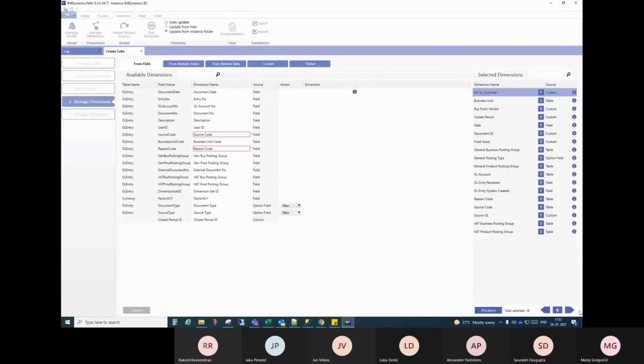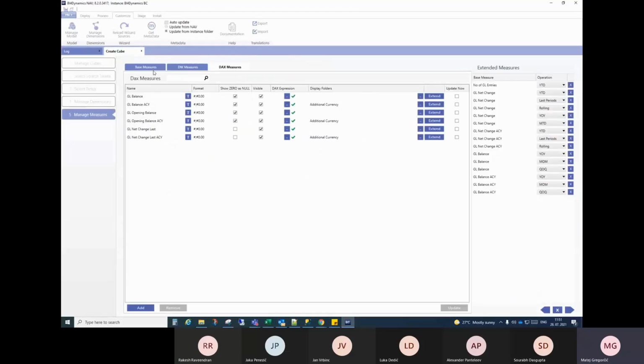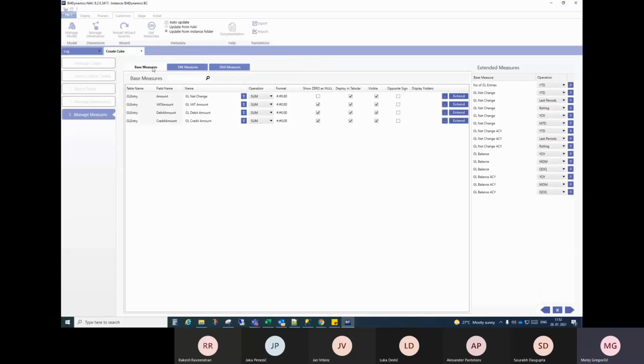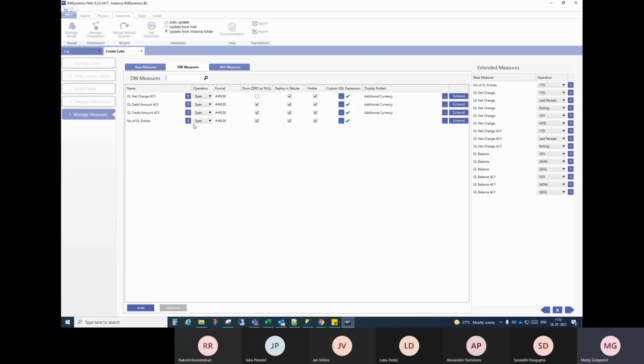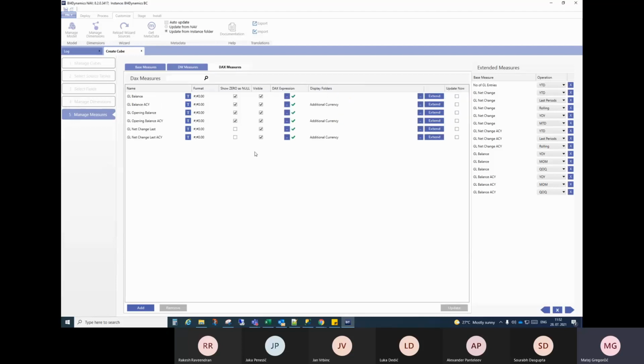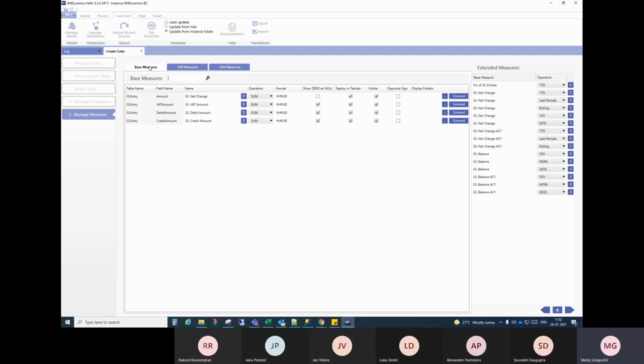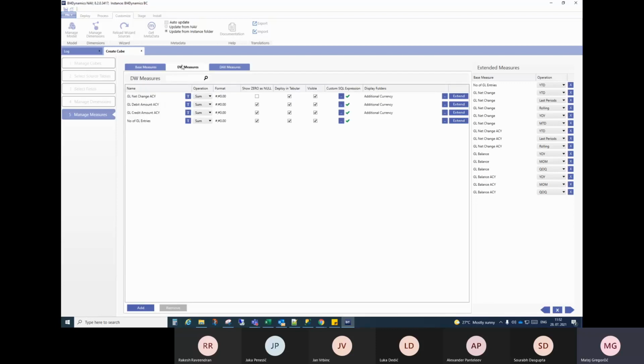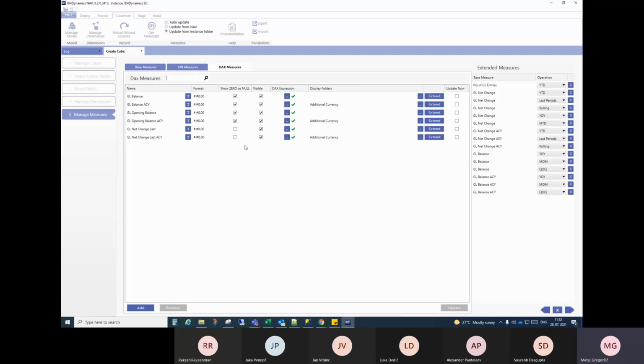And then on the next step, you will define a measure. So base measures, data warehouse measures, and DAX measures. These are measures coming from Navision directly. These are the measures that are calculated on the data warehouse, and these are the measures that are calculated in DAX language on the analysis database.